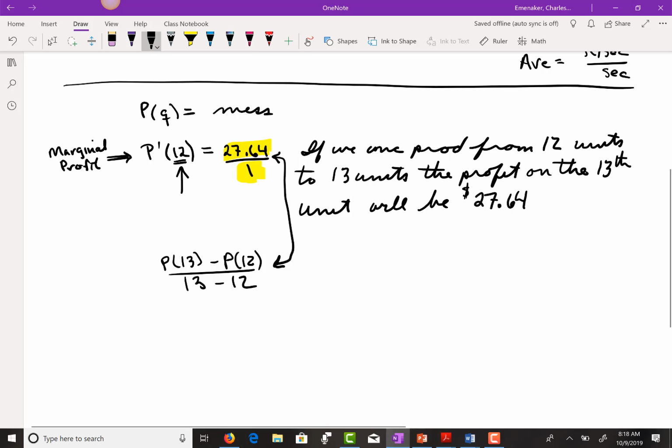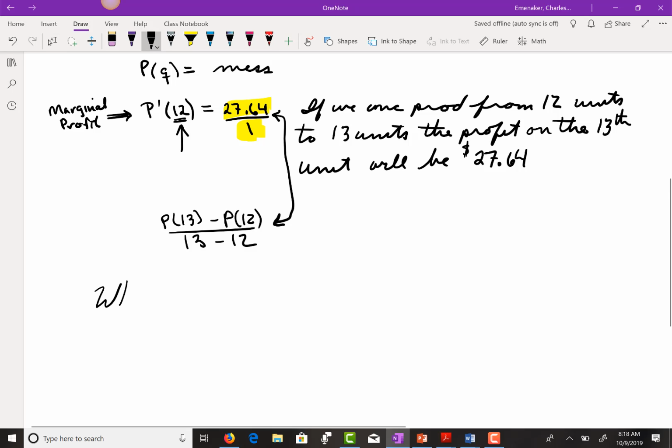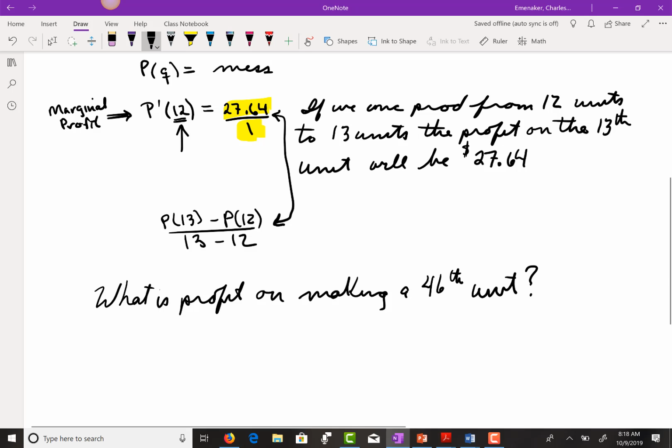If you were asked, what is the profit to manufacture a 46th unit? The profit achieved by manufacturing a 46th unit. How would you compute that? What would you do to compute the profit on a 46th unit?